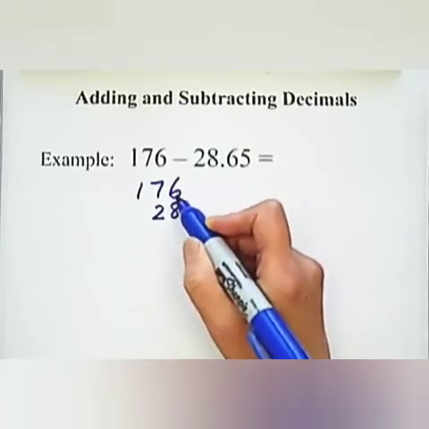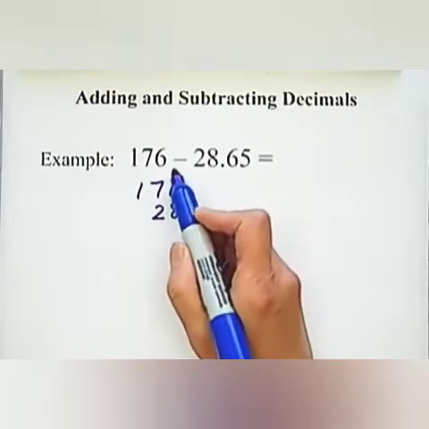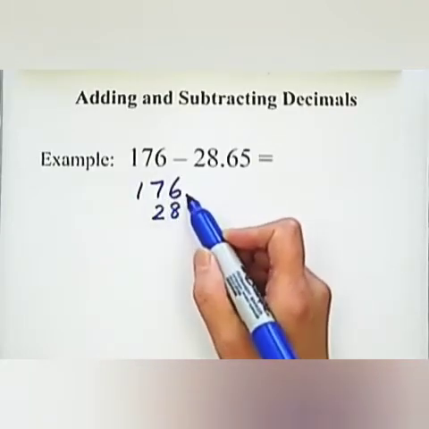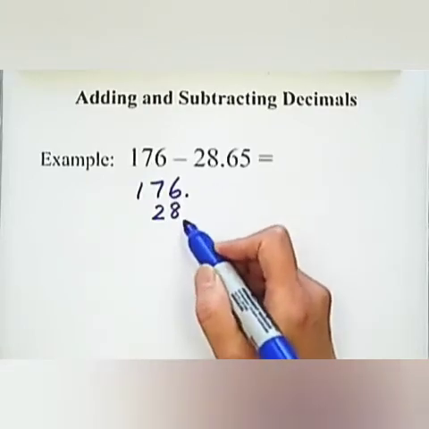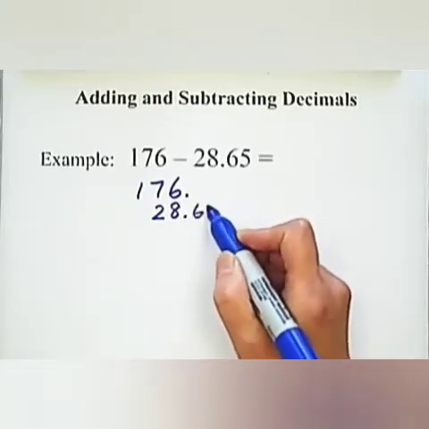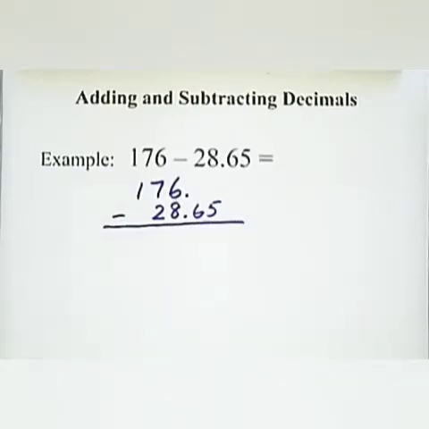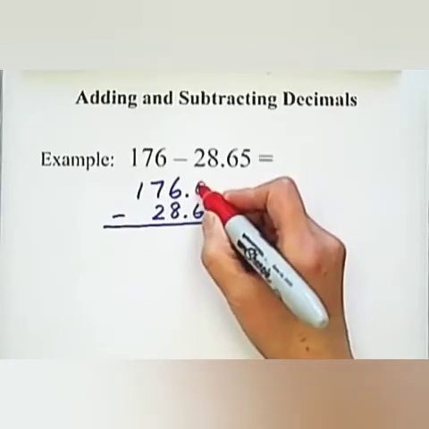So that the 1's digits line up. In the whole number 176, the decimal is on the right side of the 1's digit. 0.65 subtract. So we still need to add a 0 after 176. 0.00.